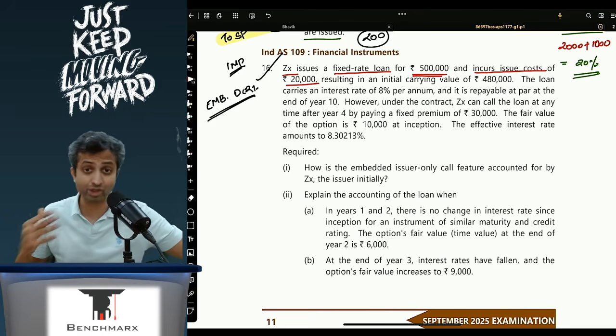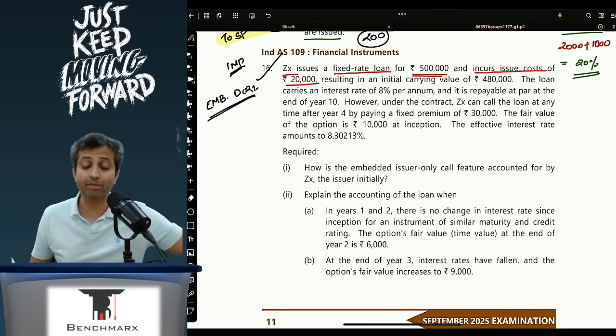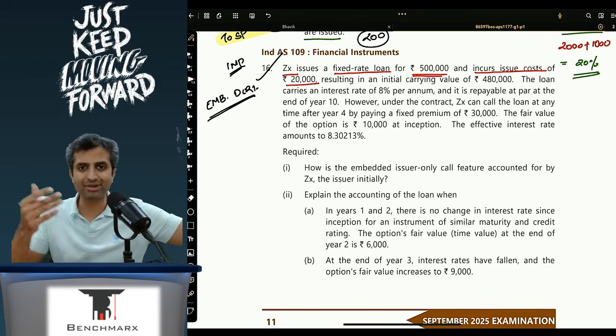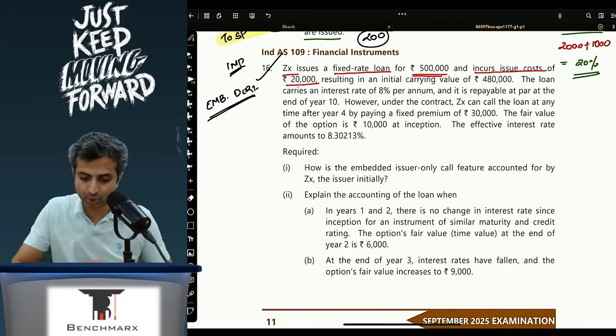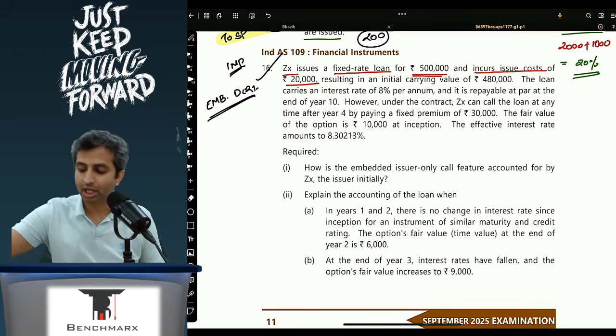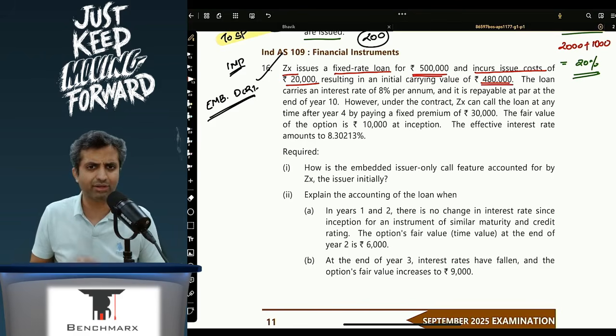However, there's an issue expense. Now if it is a loan at amortized cost, issue expenses are deducted from the financial liability, and hence my entry would be loan account debit 20,000 to bank 20,000, and hence my loan will appear at net 4,80,000, resulting in an initial carrying value of 4,80,000. So even if this was not given, we would have taken 4,80,000.